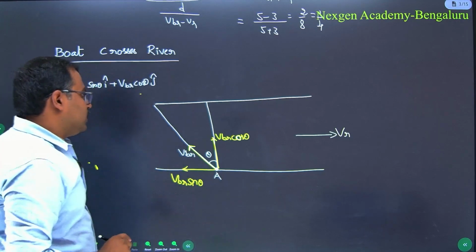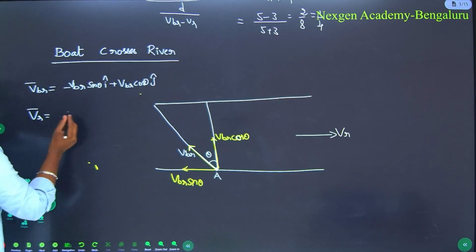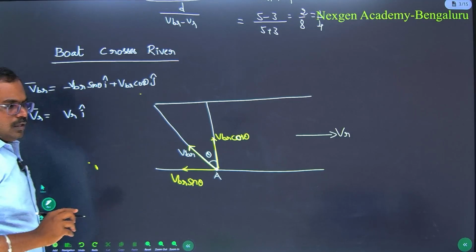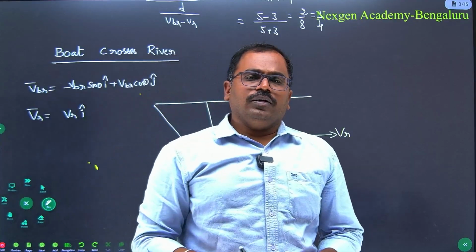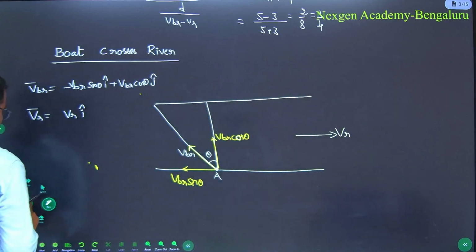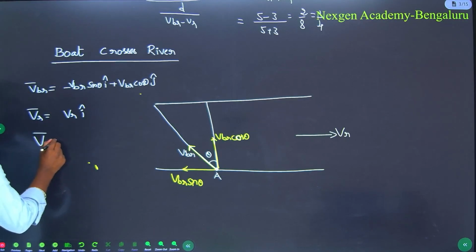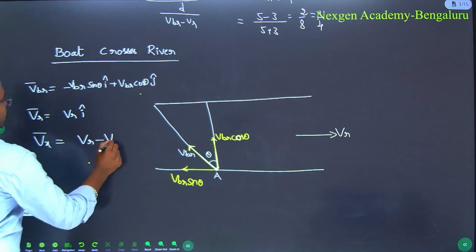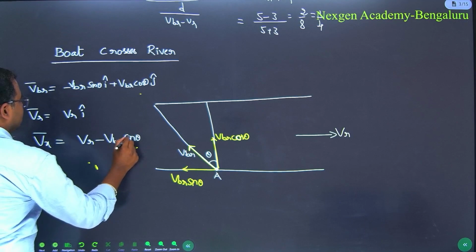And the river velocity is VR bar equal to VR i cap, traveling in the x direction. So what is the overall velocity along x direction and along y direction? Here Vx is VR minus VBR sin theta.